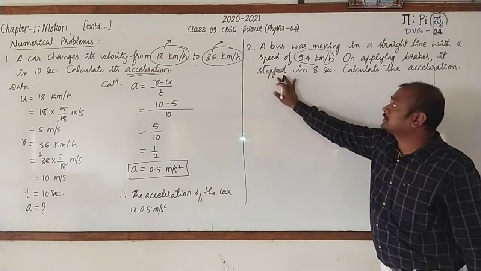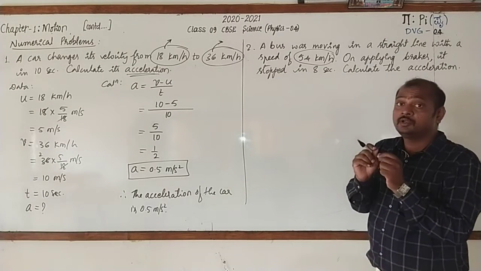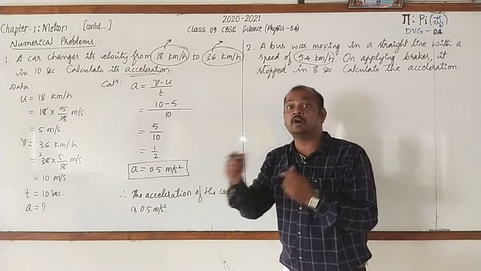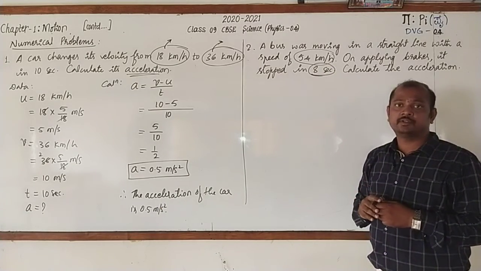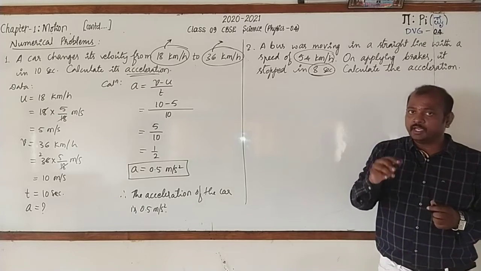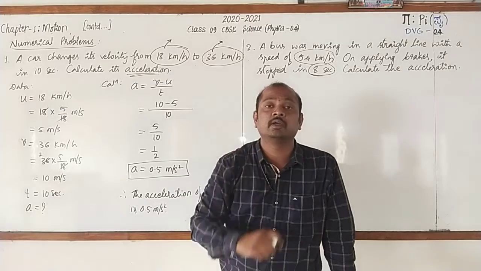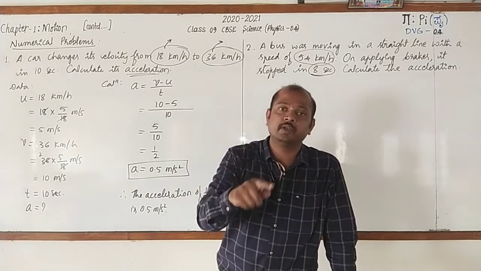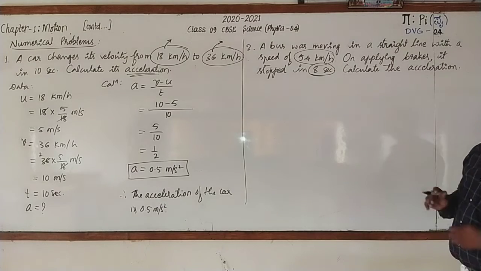Then it stopped. After application of the brake, it has stopped. But to come to the rest, how much time it has taken? It is 8 seconds. So after 8 seconds, it has come to rest. When it comes to rest, what will be the velocity? It will be 0. Then calculate the acceleration.